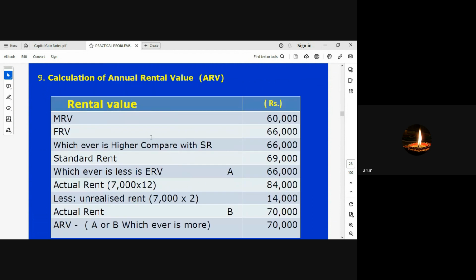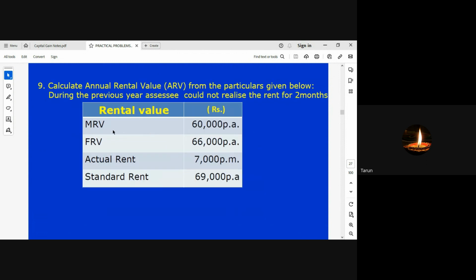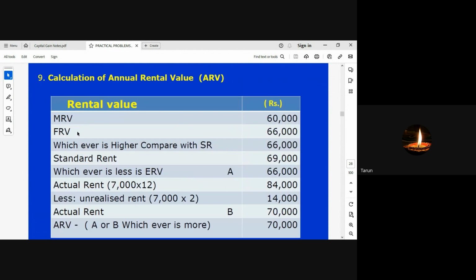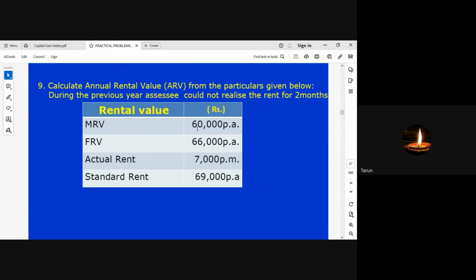So in this calculation MRV is 60,000, and FRV, the fair rental value, is 66,000 per annum. Whichever is higher is 66,000. Then again we have to compare this higher value with the standard rent, which is 69,000 per annum.